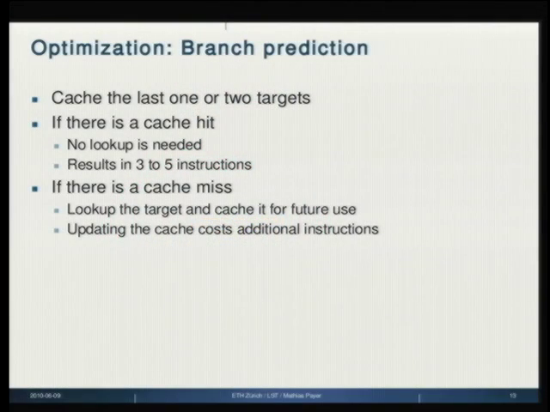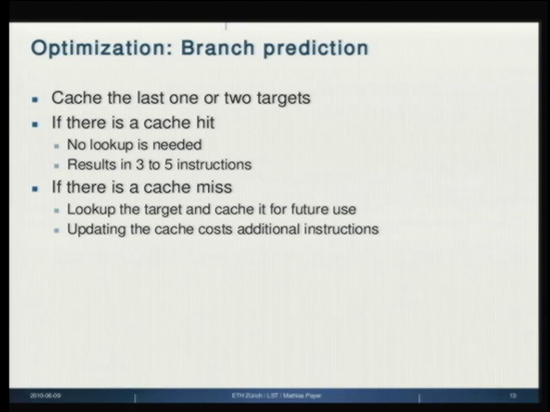The local branch prediction that we use caches the last one or two targets in the code cache. It emits a specialized code sequence which caches one or two targets that have been used before. If we have a cache hit on that target, we can redirect the control flow to the correctly translated entry in the code cache.